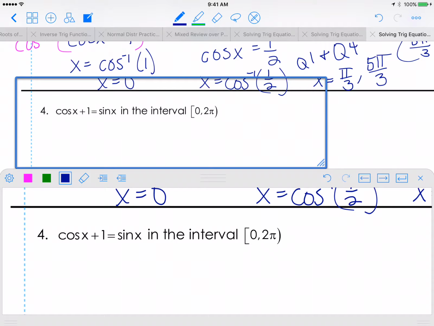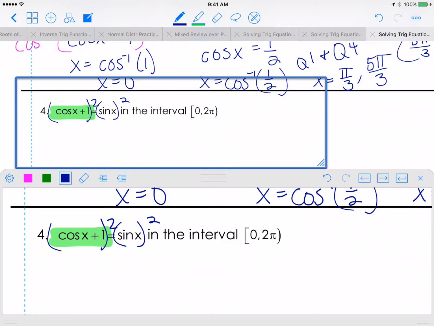So on this one, it's really hard for me to see if there's anything that we can cancel. But when I see that this is cosine plus 1, I think to myself, man, if that was squared, then it would be a Pythagorean theorem identity, and maybe we could do something with that. So let's take a chance and let's square both sides.